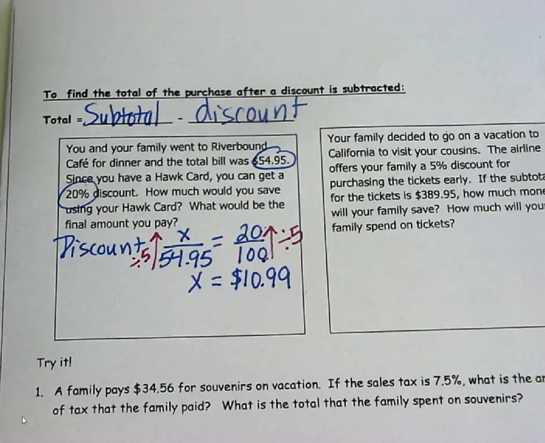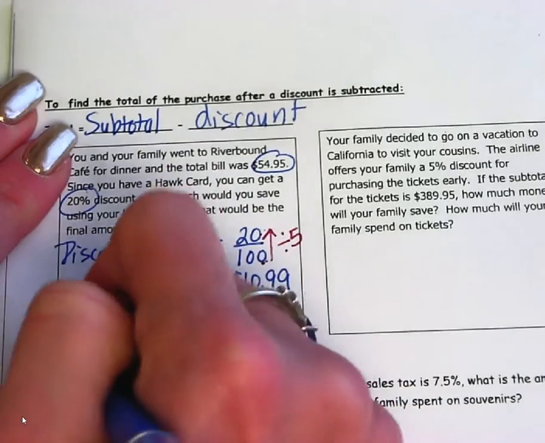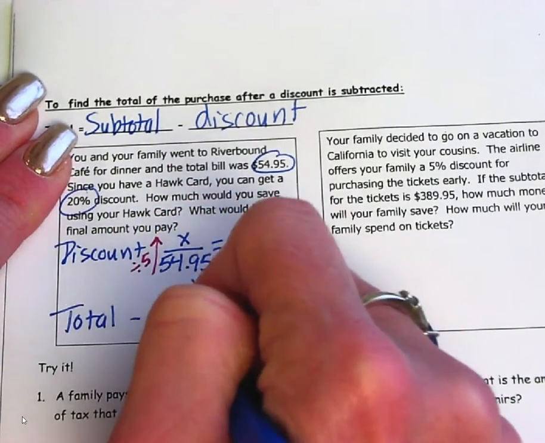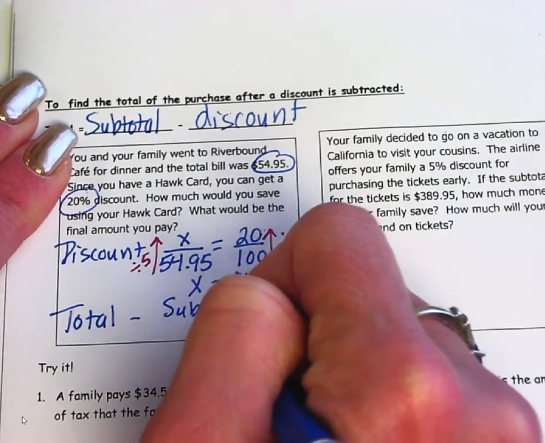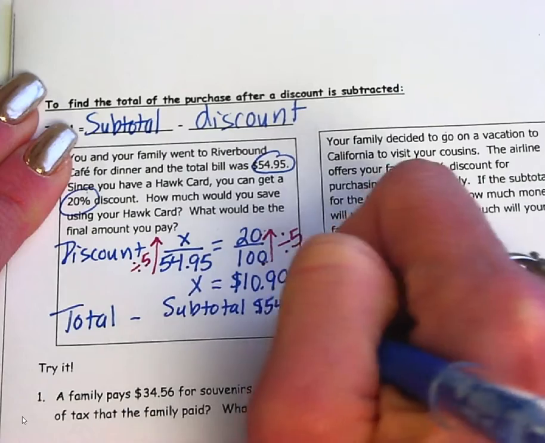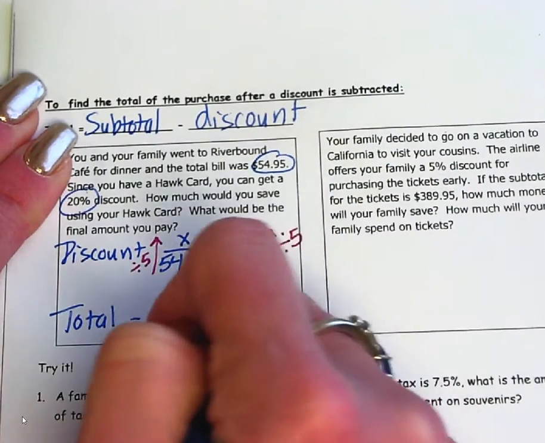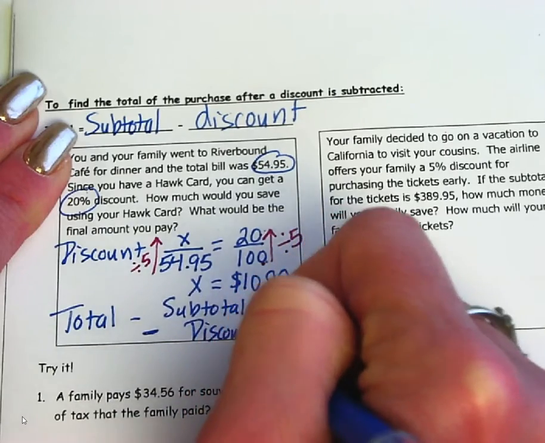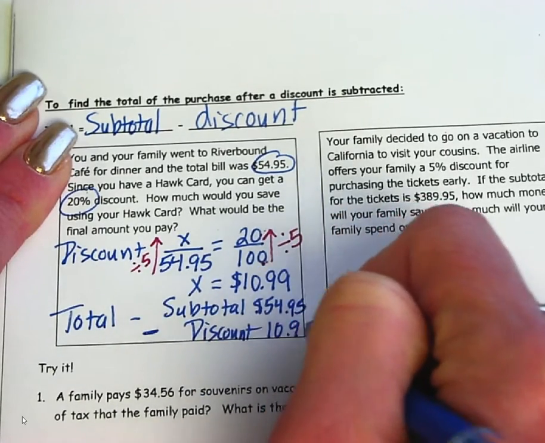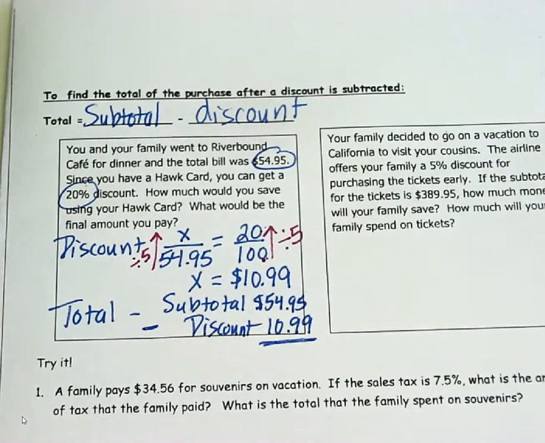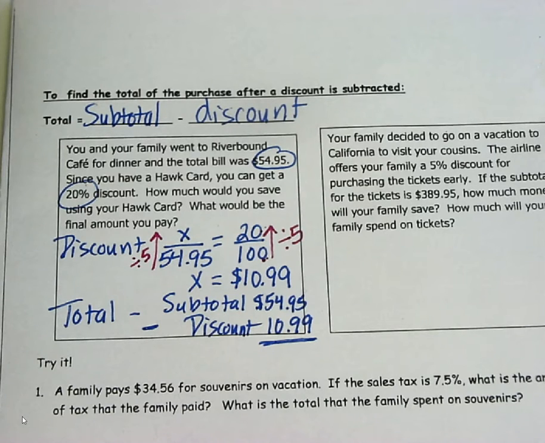So the difference now is to find my total. I'm going to take my subtotal, which was $54.95, and I'm going to subtract my discount, which was $10.99. If I subtract those, that's how much I'm going to pay for my dinner bill, because I have a discount card.